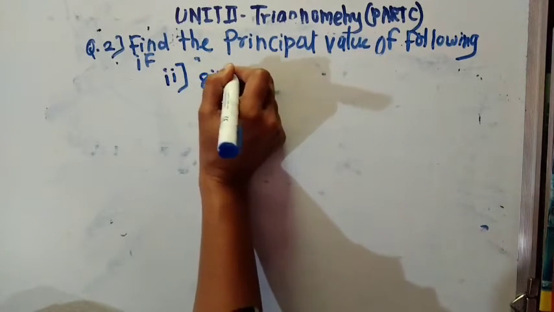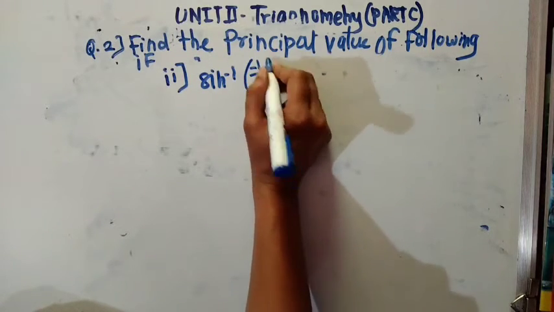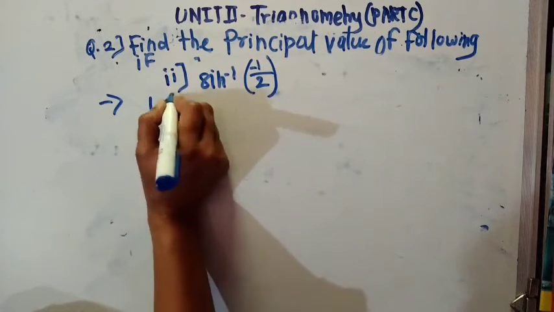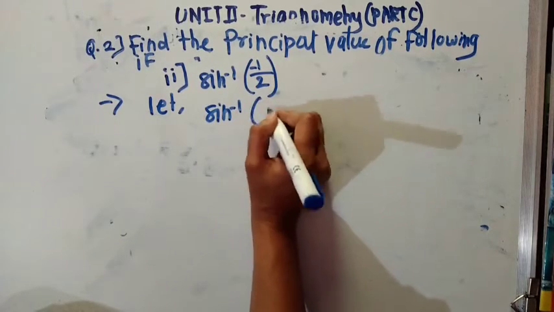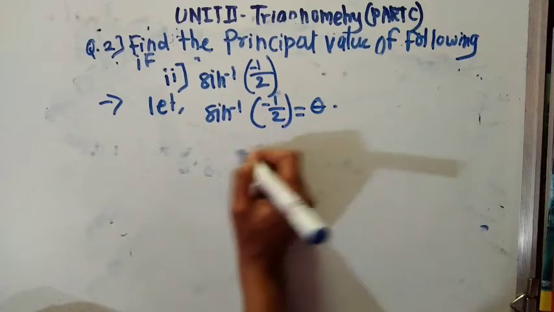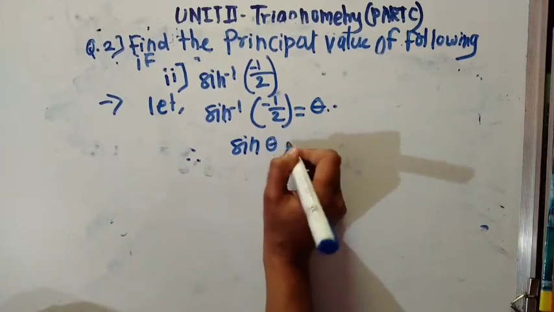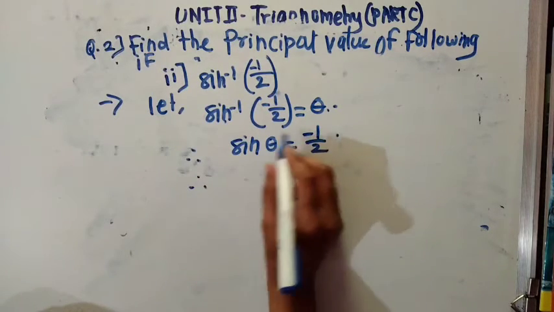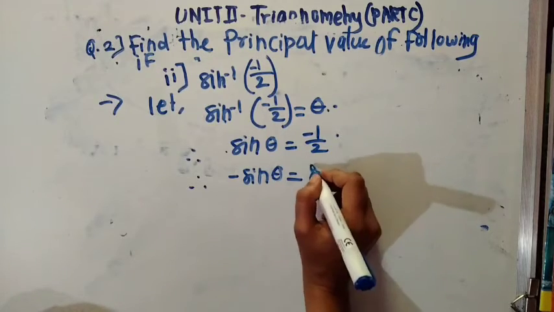Find the principal value of sine inverse of minus 1 by 2. So let's consider sine inverse of minus 1 by 2 is equal to theta, and sine theta is equal to minus 1 upon 2. Hence minus sign इथे घेतलं तर minus sin theta is equal to 1 upon 2.